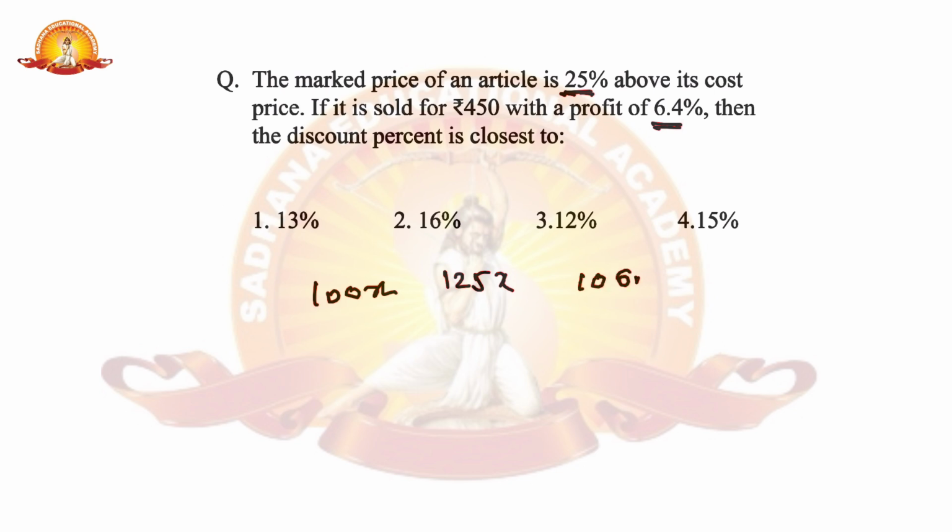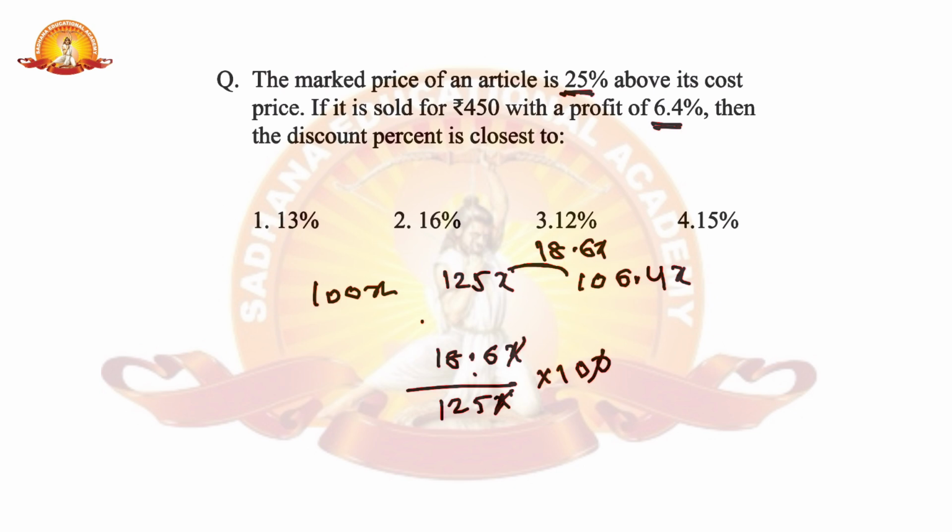Therefore, the selling price is 106.4x. So how much discount is allowed here? 125 minus 106.4 is 18.6, which is the discount allowed. So approximately how much percentage is it? 18.6x by 125x into 100.